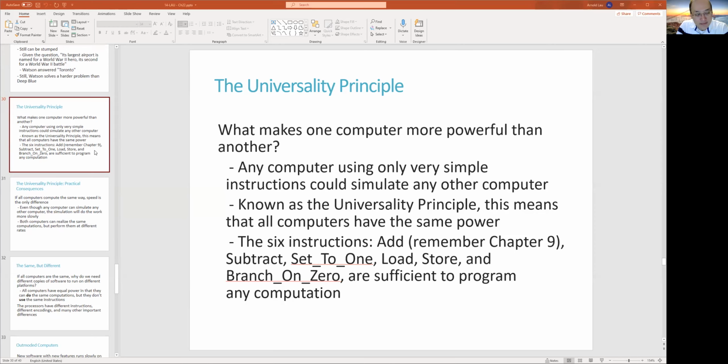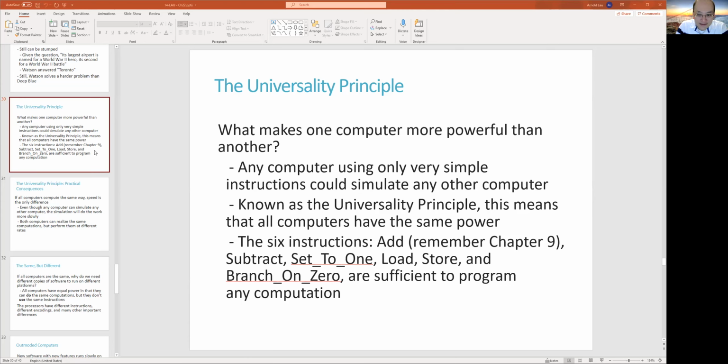So the next point is this idea of the universality principle. There's not really much to the idea. It's basically saying that all of the computers, in terms that you can relate to, maybe looking at a Mac versus a regular PC, there's all kinds of different computers with different types of hardware configuration, different types of software on top of it.